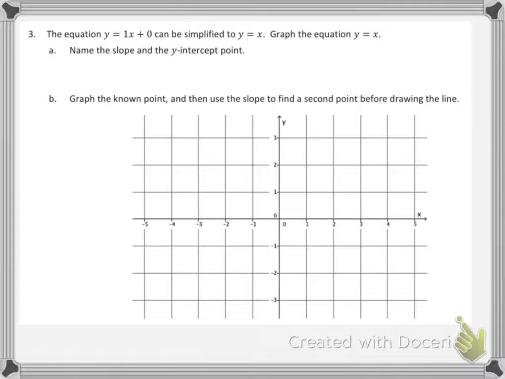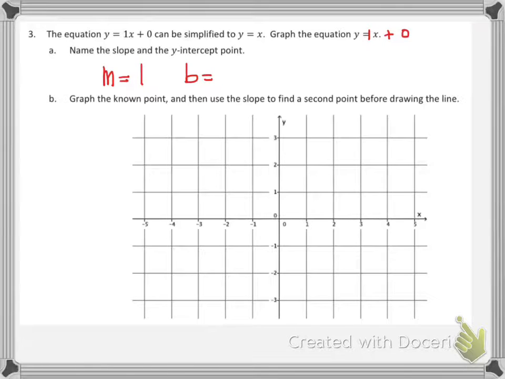Number 3. The equation y equals 1x plus 0 can be simplified to y equals x. Graph the equation y equals x. Okay, name the slope and the y-intercept. Let's do that first. Well, the slope is the coefficient of x. The number in front of x is a 1. So the slope is 1. And the y-intercept, b, is the constant. Well, there is no constant.